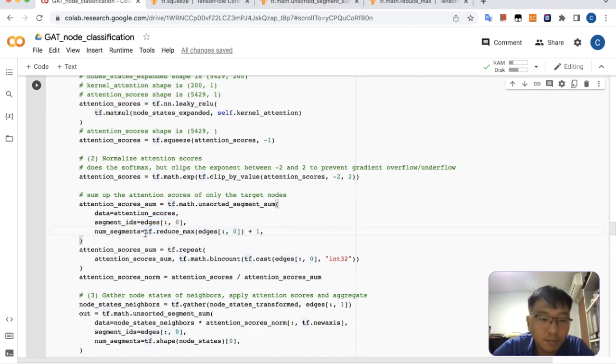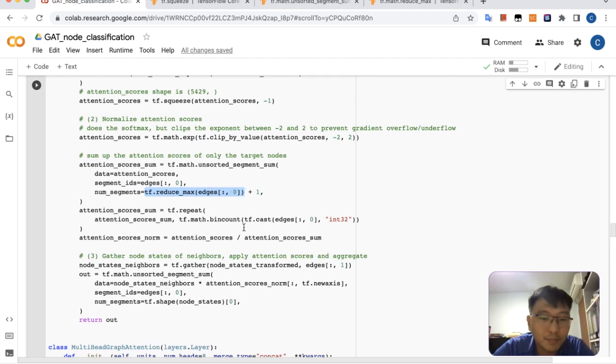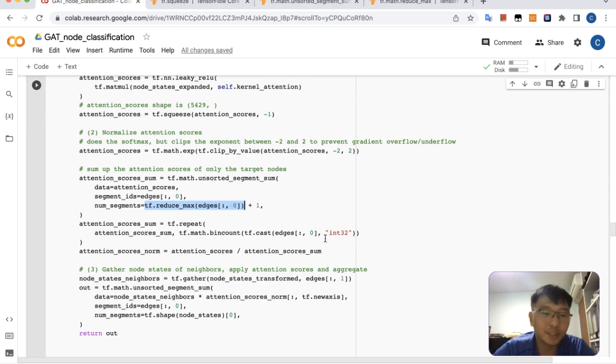Mm, no idea what this does. Okay, this is a very weird way of coding it. It's very weird. I mean, after that, this is basically just repeating the attention score sum across this number of binary counts.